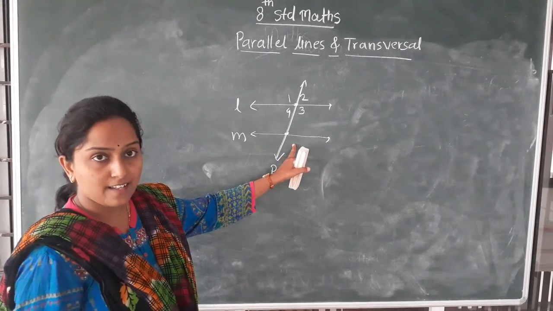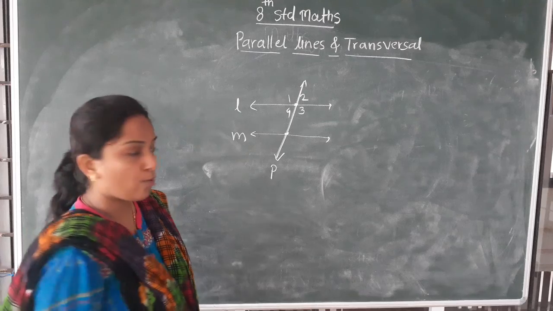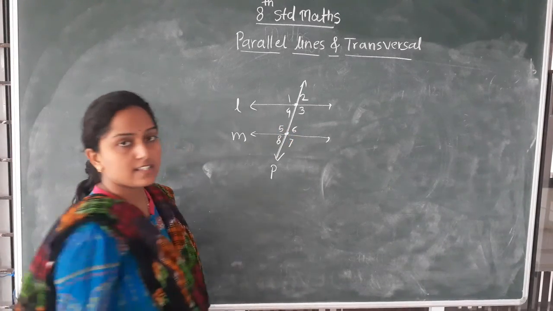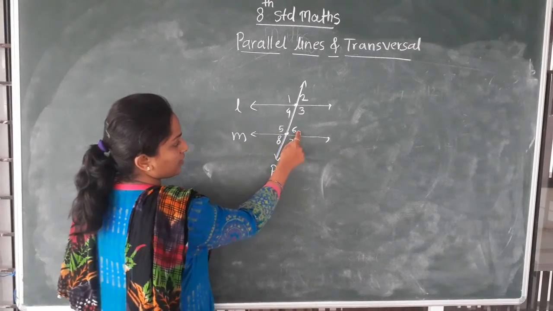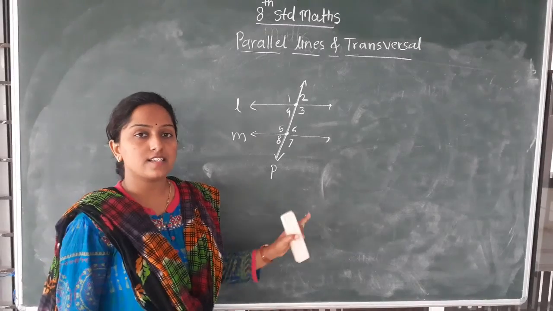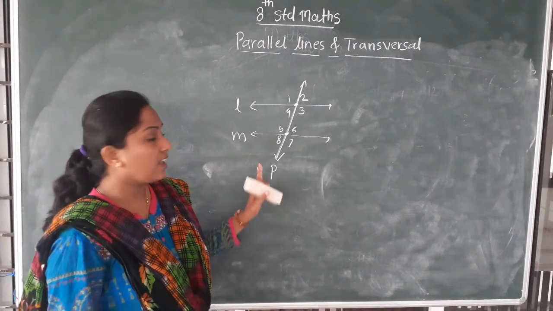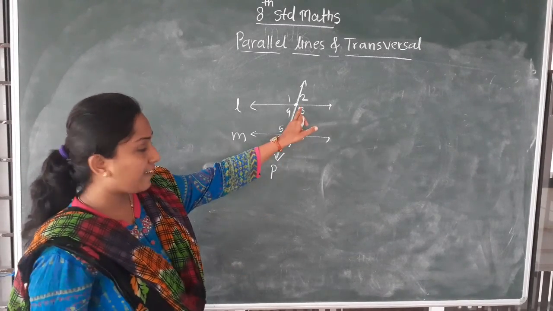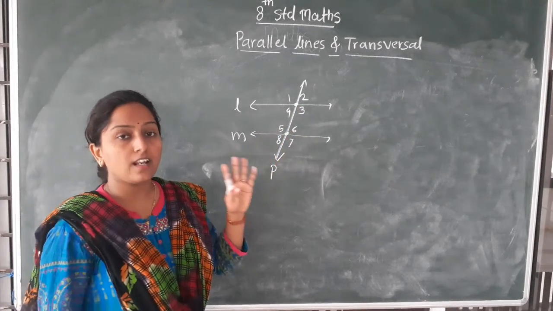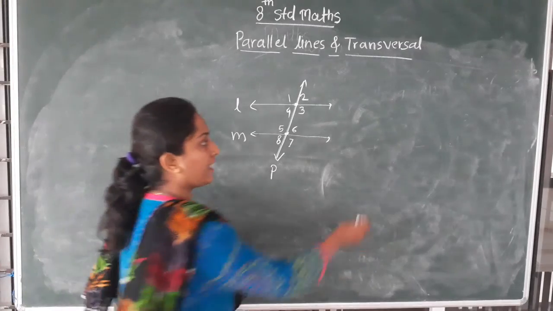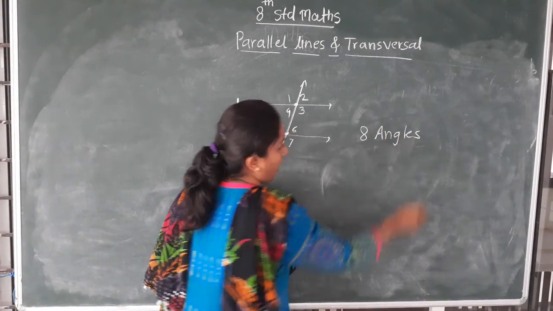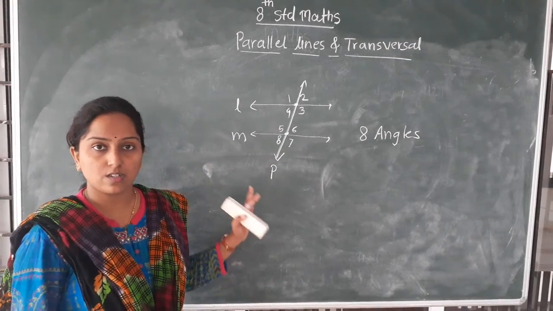At the second intersecting point there are again four angles formed: this one, this one, this one, and this one. So totally there are 8 angles formed due to the transversal. At one intersecting point there are 4 angles, and at the other intersecting point there are again 4 angles.